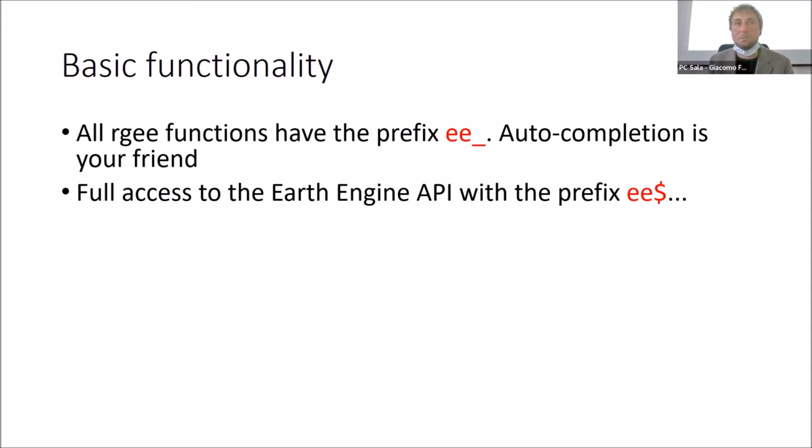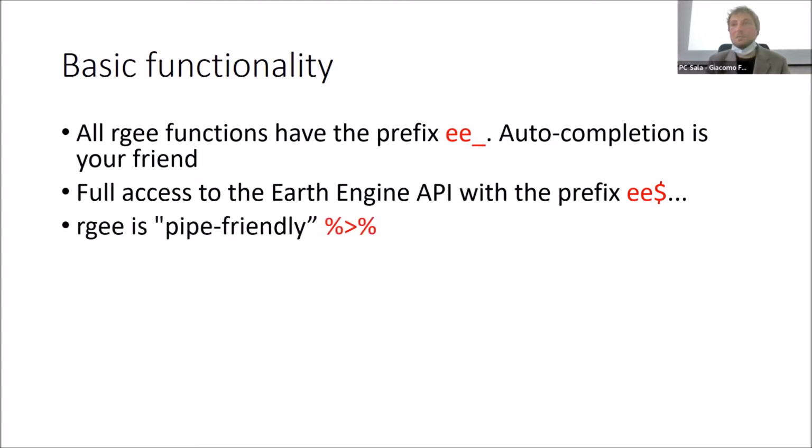This is just to give you an overview. If you want to have an overview of all the functions, you type ee$, and you will see Image, FeatureCollection, all these things that I was showing before. This is more useful if you want to explore everything which the package contains.